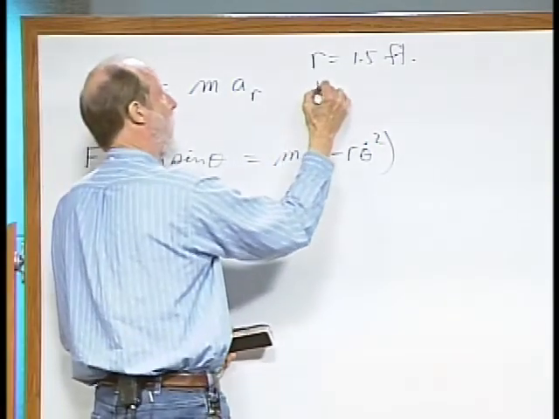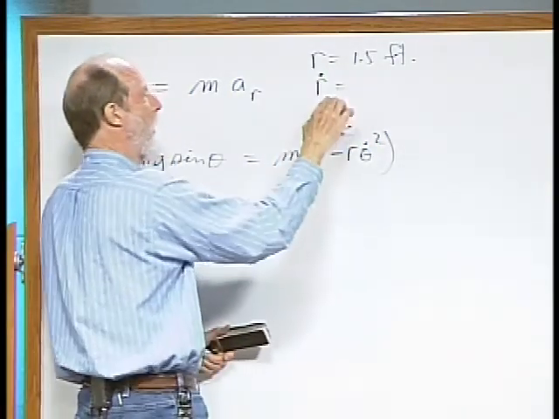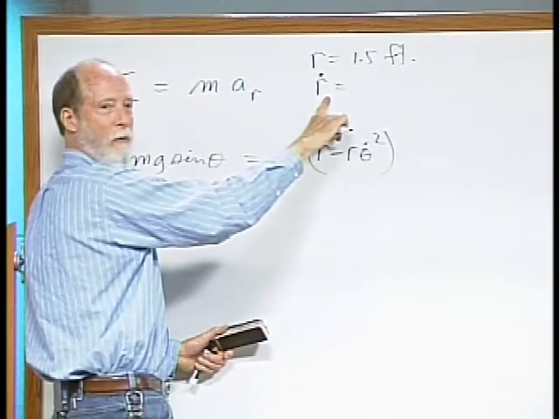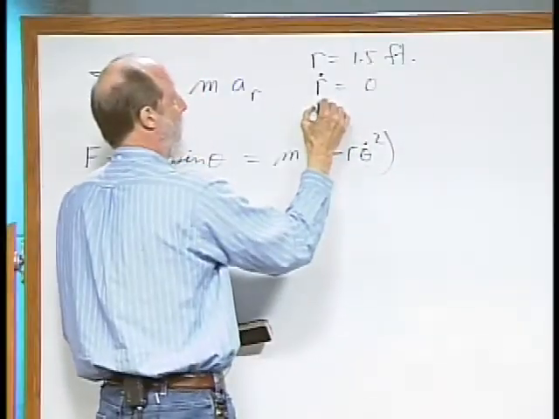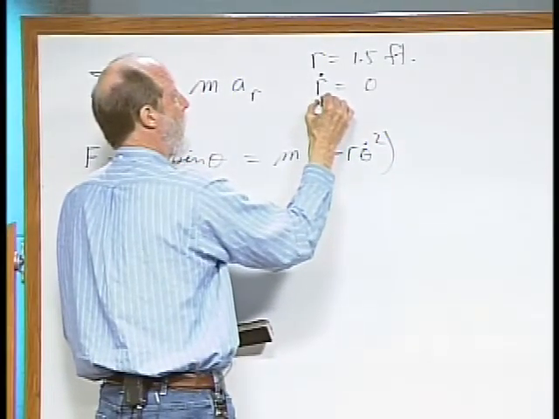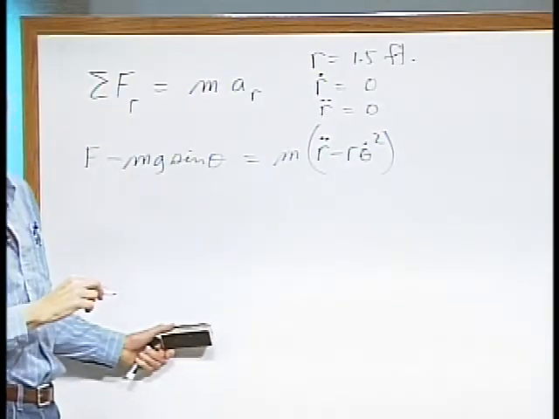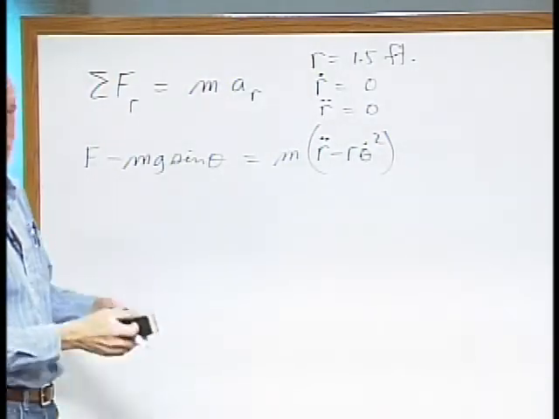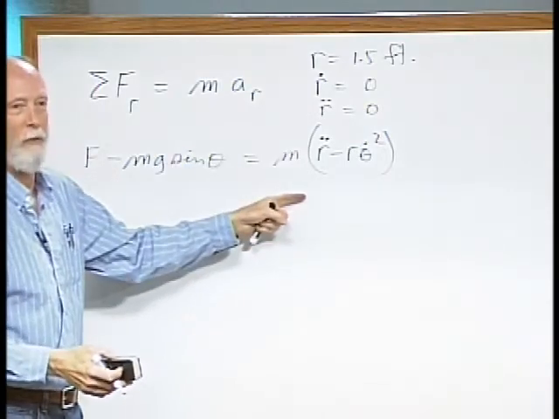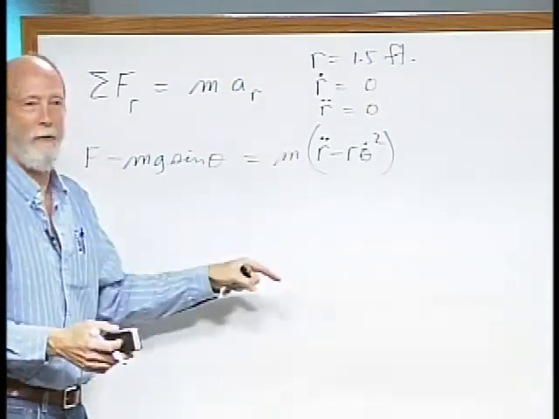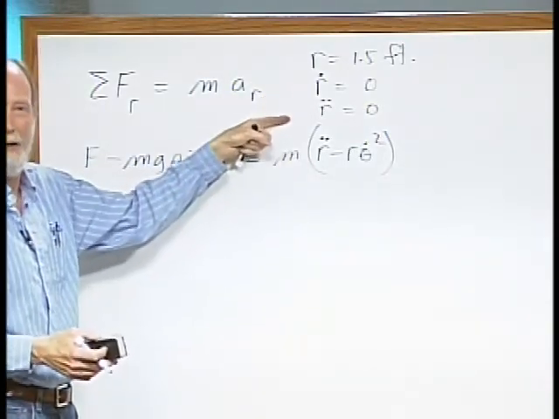Okay, so r dot, is there any radial speed? No radial speed. And so therefore r double dot would be 0. Okay? So you want to think about these things. You just don't want to go down here and start slashing things out. You want to kind of think your way into it.